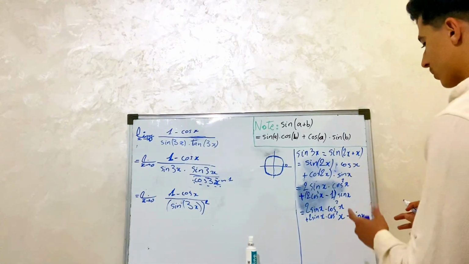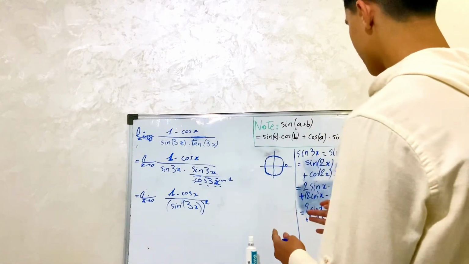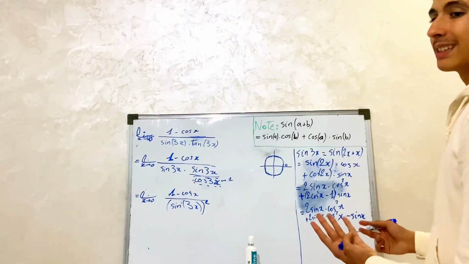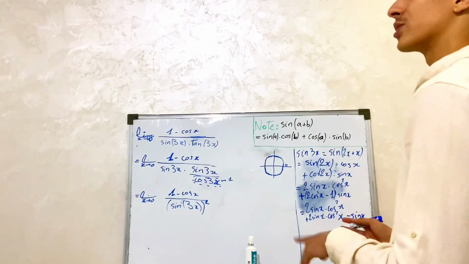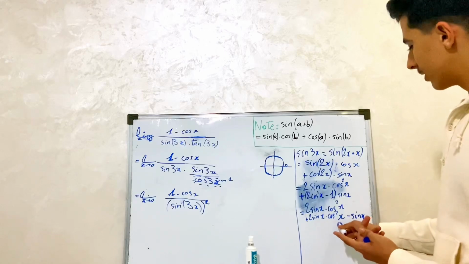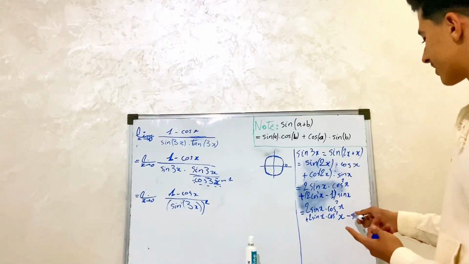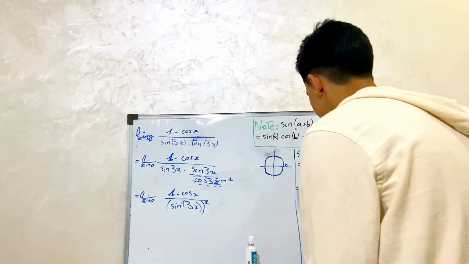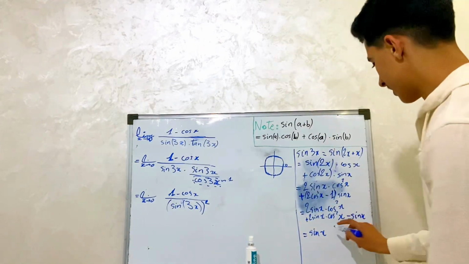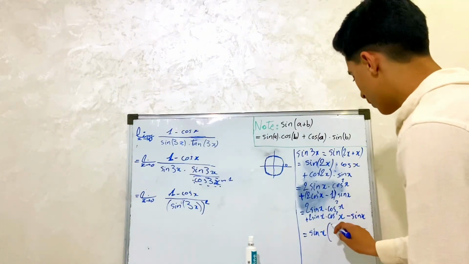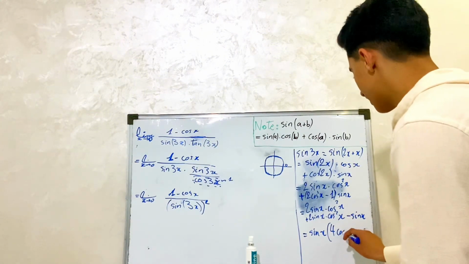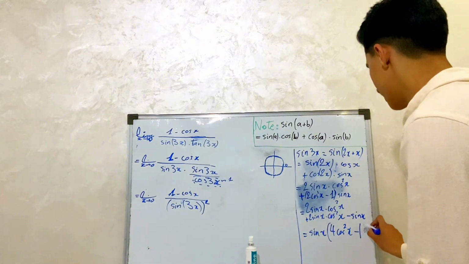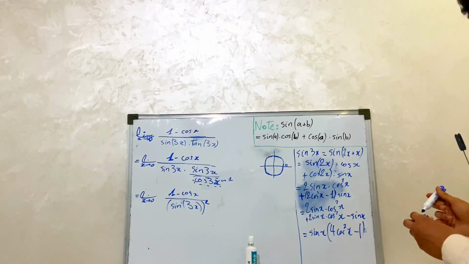First, we can add these two up, making 4 sine x cosine squared x. And then we can factor out everything with sine x, meaning that we get sine x times (4 cosine squared x minus 1). There we go.